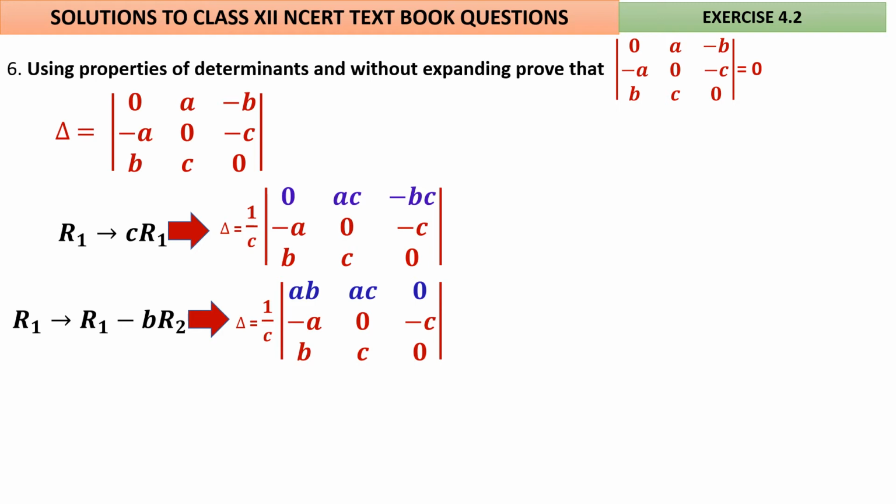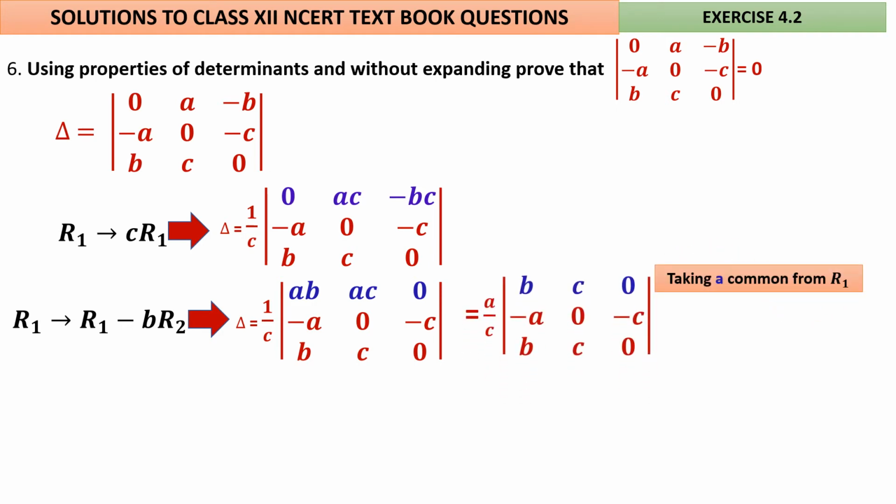R2 is multiplied by B and then subtracted from R1. Well, you know that it is 0, minus of minus AB is plus AB, AC minus 0, then that is minus BC, then plus BC, therefore it will get cancelled, you will get 0.